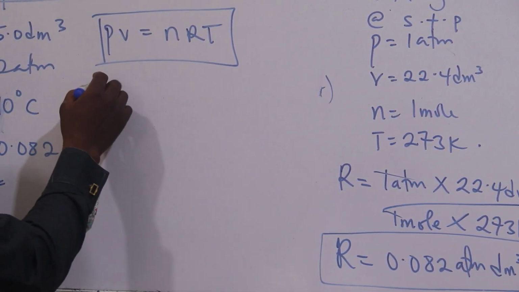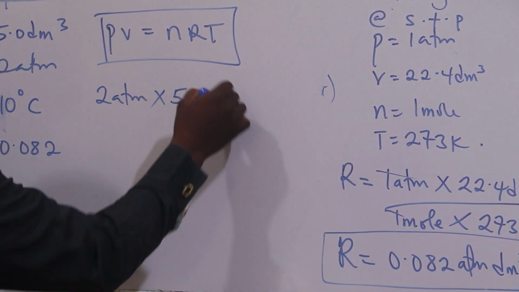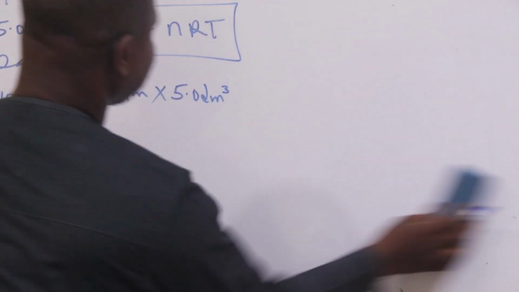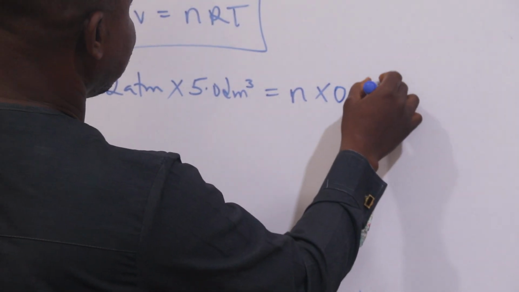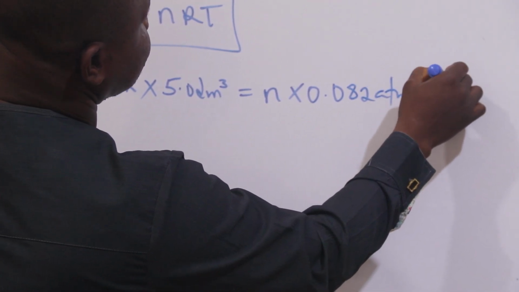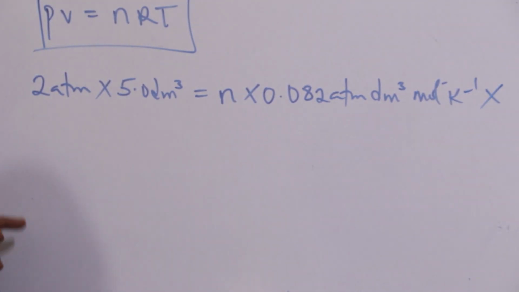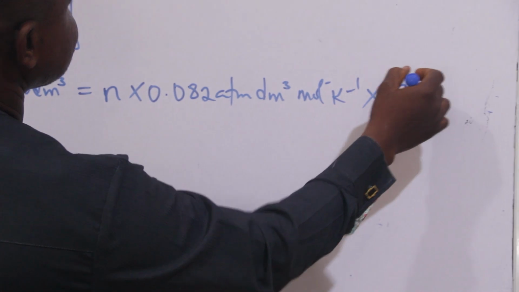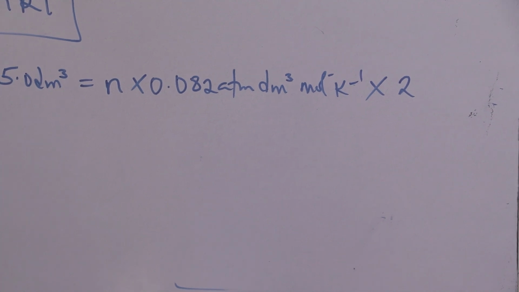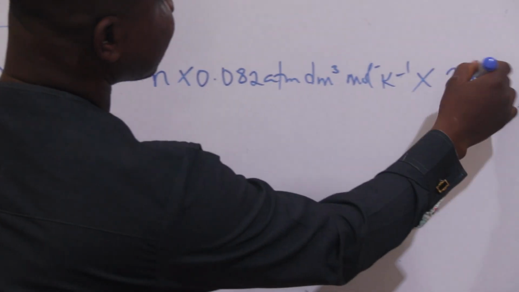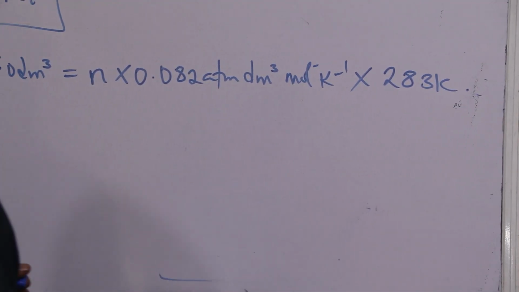P is equal to 2 atm and V is 5.0 dm³, equals n multiplied by R, which is 0.082 atm dm³ per mole per Kelvin, multiplied by T, which is 10 degrees C. We have to change this to Kelvin: plus 273 gives us 283 Kelvin.